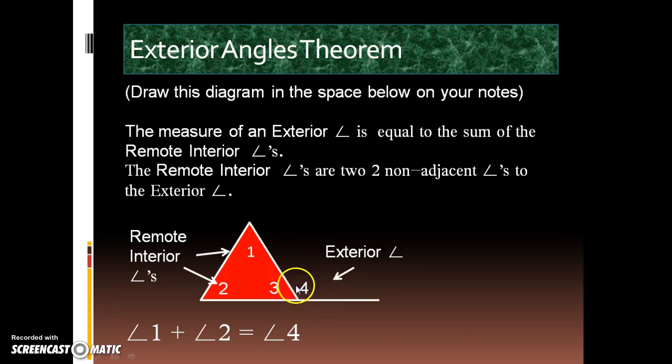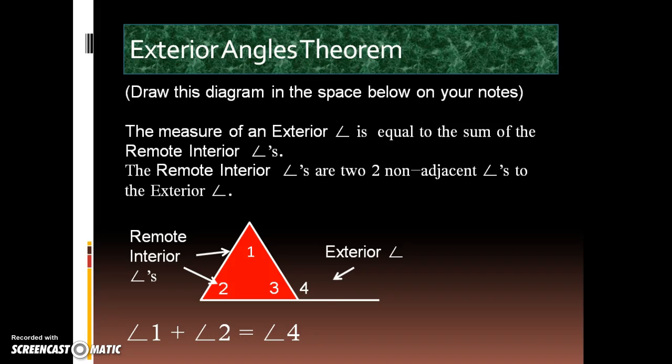So here's our exterior angle. 3 would be adjacent to it, so we're not going to use 3. So 1 and 2 are our remote interior angles. Think of this. You're sitting on a couch with your buddy. Your buddy's number 3, you're at angle 4. You're lucky enough to have 2 TVs. Do you want to get up and walk all the way across the room to turn the TVs? No, what are you going to use?